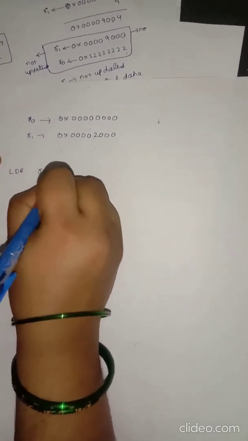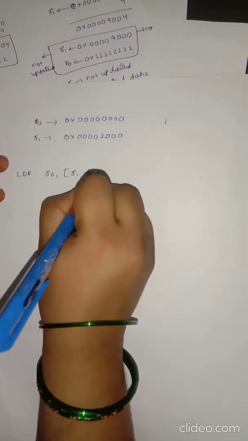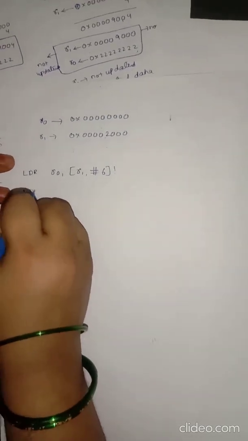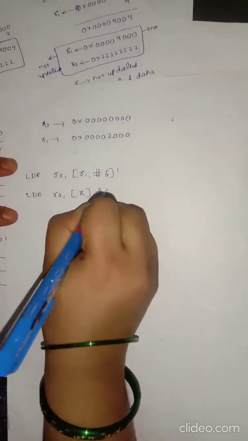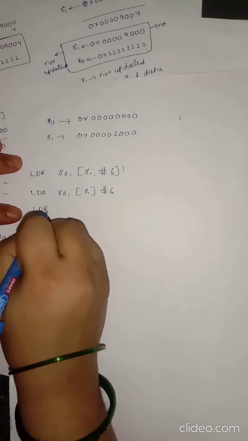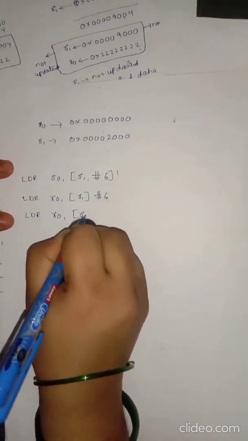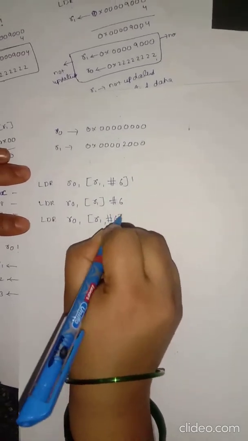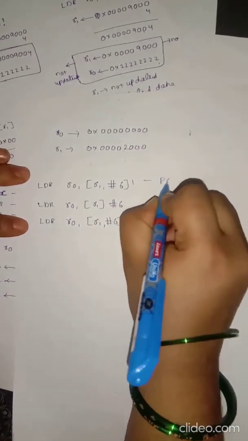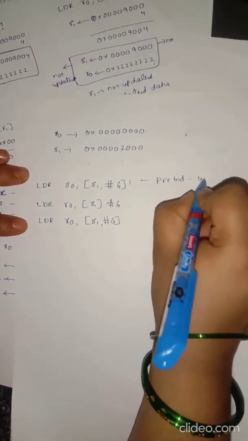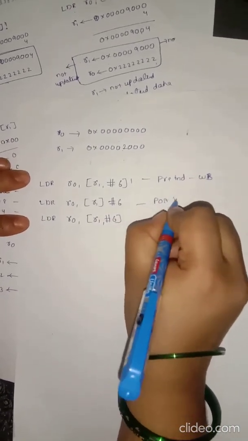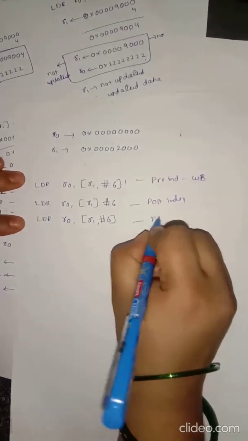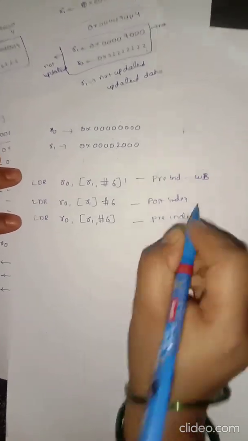First one, LDR R0, this is pre-index with write back. This is post-index. And this is pre-index. Now I will give locations.